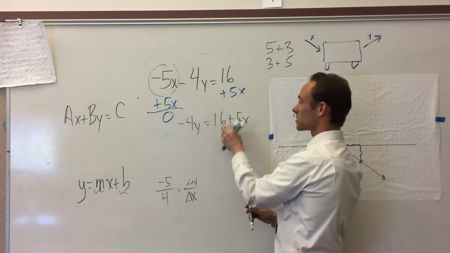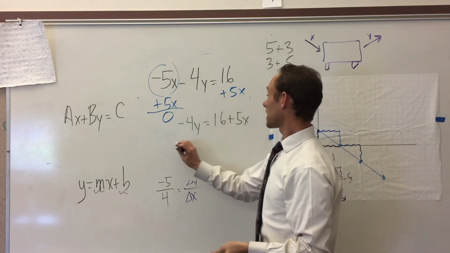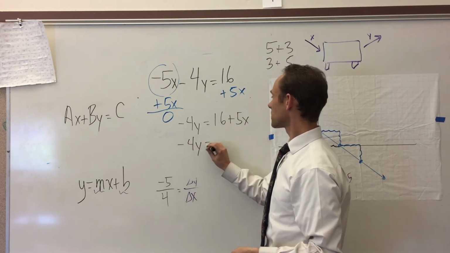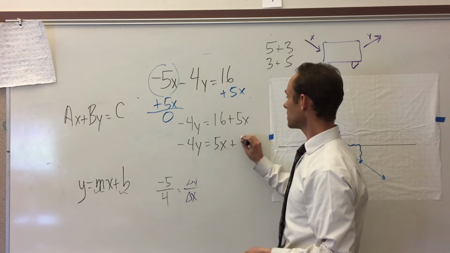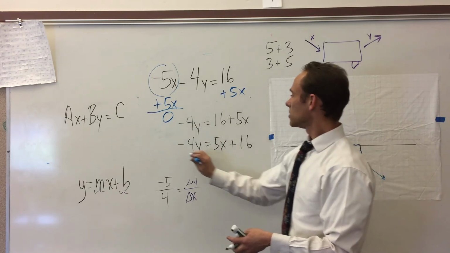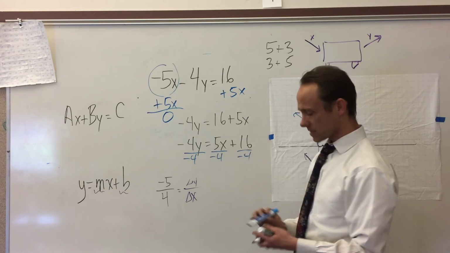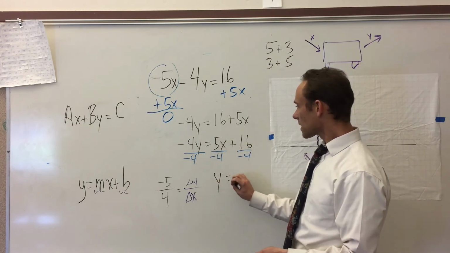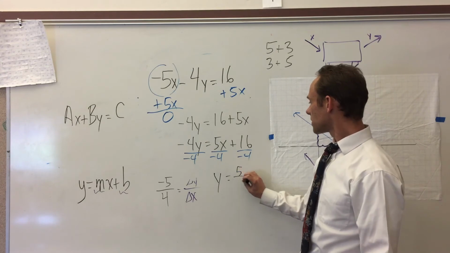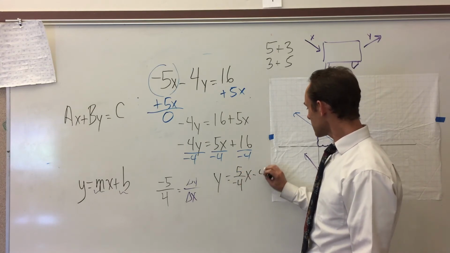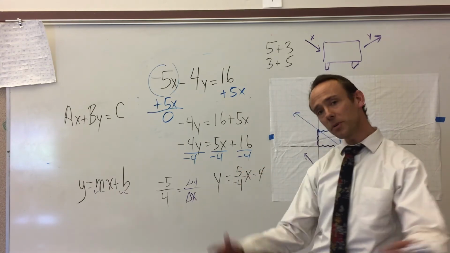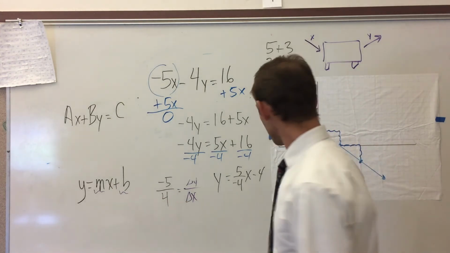Now these aren't like terms, so they will not combine, but I am going to flip them around so the x's are in front. And at that point, the last step is always to divide by your y's. And you get your slope. And that's how the proverbial cookie crumbles.